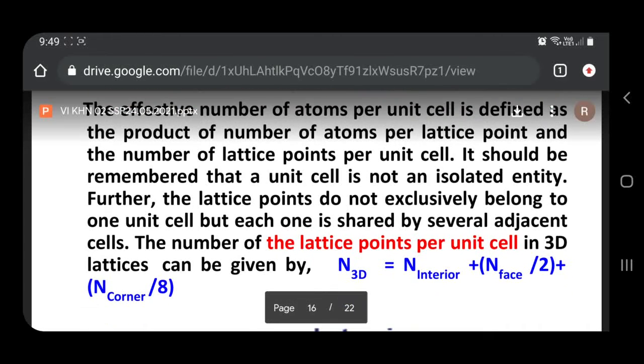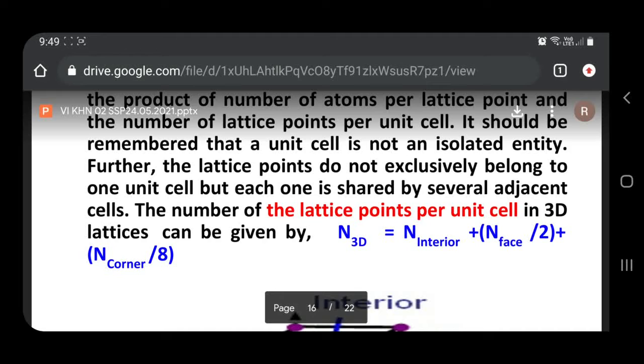It should be remembered that a unit cell is not an isolated entity, and further the lattice points do not exclusively belong to one particular unit cell, but each one is shared by several adjacent cells. I will show the diagram. The number of lattice points per unit cell in 3D lattices can be given by one simple equation.